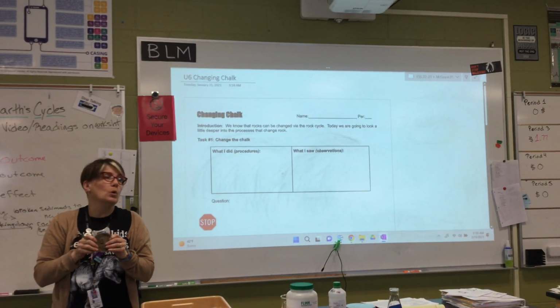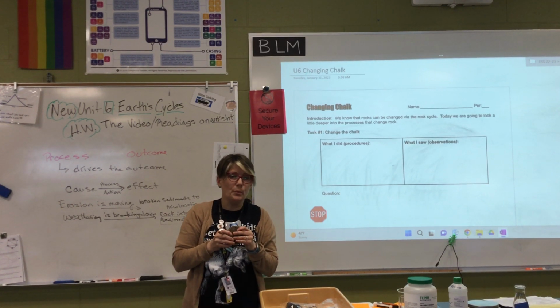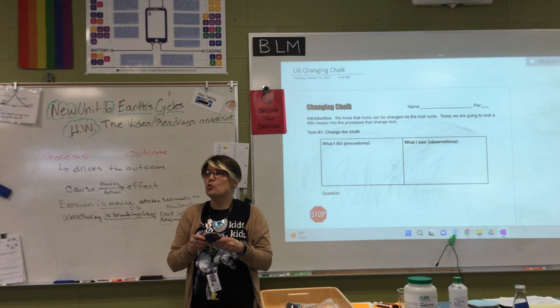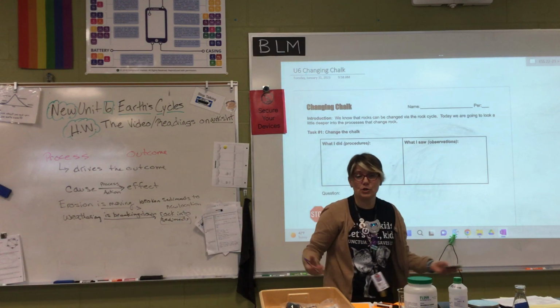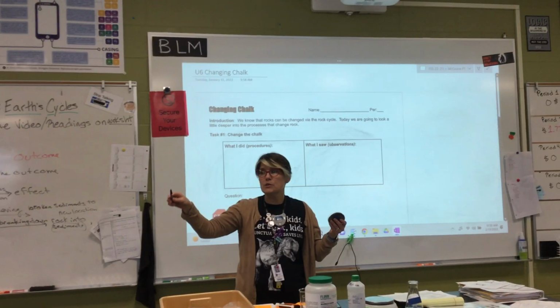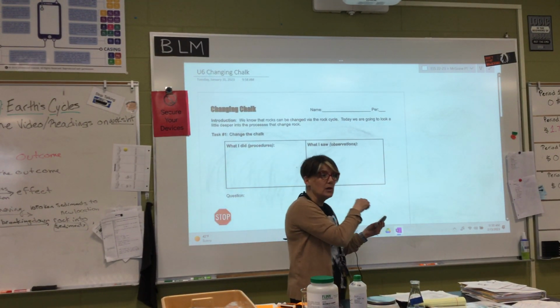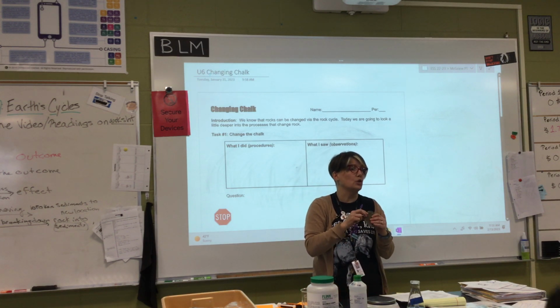So you're going to go to the group where you made your sedimentary rocks and grab your sedimentary rock. Take your whole binder with you, because we're going to do sedimentary rock, then changing chalk. We're also going to look at our ecosystem bottle. So take all of your materials with you and go back to your group.